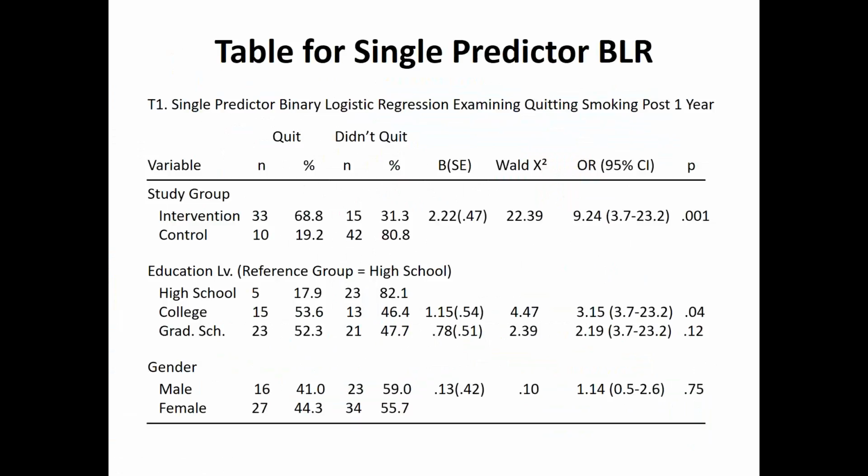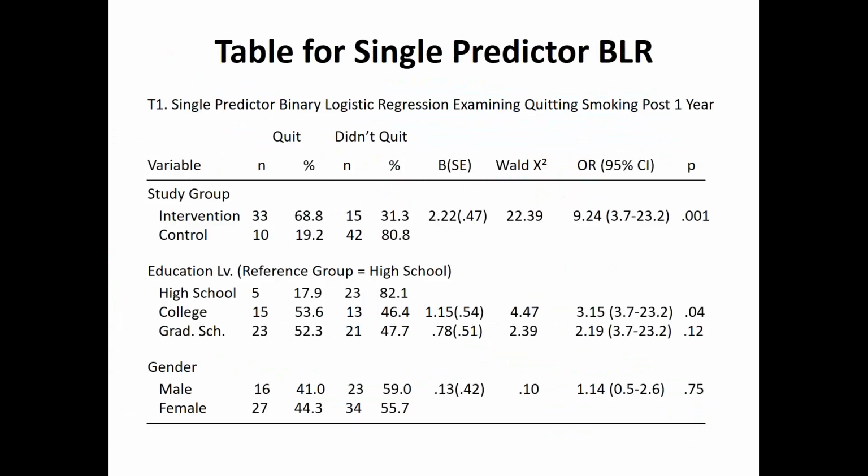So here's something that just looks pretty, okay? This is the table for the single predictor binary logistic regression. Now, if we did our chi-squares and we did our t-tests, we need two different tables, right? So there's no homogeneity in there.